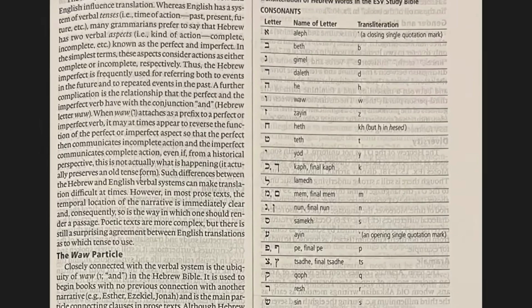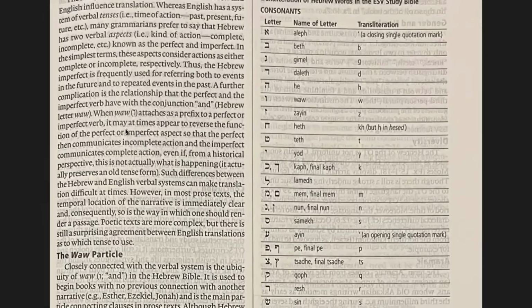And I had no idea what he was talking about. And so now I know what he's talking about. He's like, well, the word here has a waw on it. And I had no idea, in the middle of me telling him how right I am and how wrong he is. But he was talking about this thing right here.